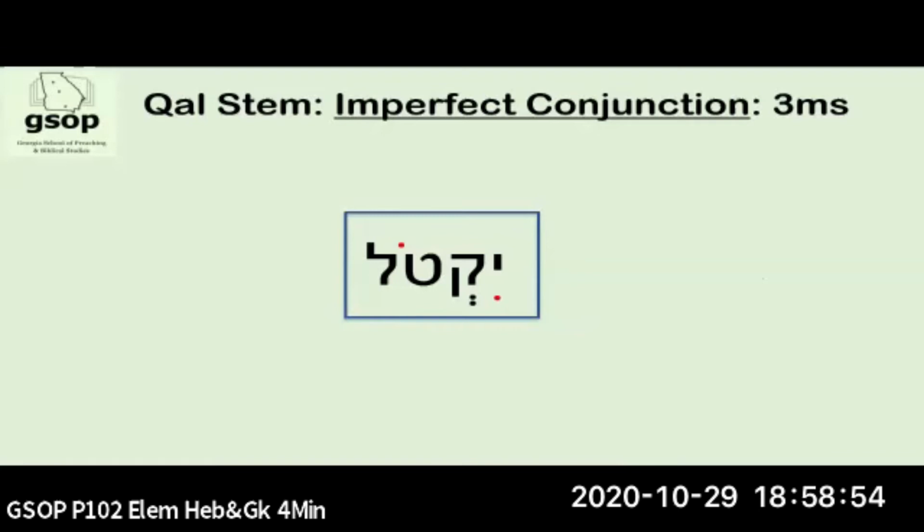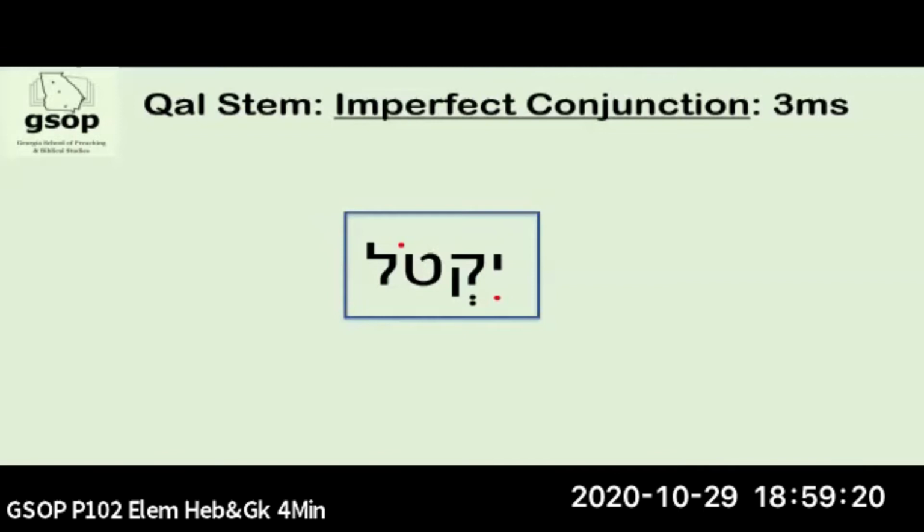That hasn't changed. Instead, we added a prefix to it with the yod and the chirik. And we changed the vowel. Instead of having the qamets under the first position, we got a shva. That's simply because we added a prefix to it. But we also changed the second root position vowel. Instead of having the patach under it, we have the cholam, the O sound.